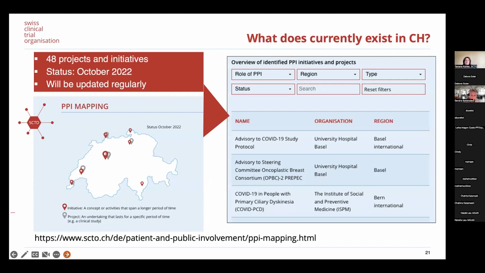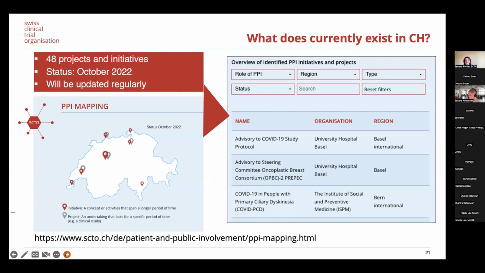Another thing you might find useful is our PPI mapping. This is what I had mentioned in the beginning. We actually wanted to know what kind of PPI initiatives or projects already exist in academic clinical research in Switzerland, and have therefore done an online survey. As of October, we have identified 48 projects and initiatives throughout Switzerland.